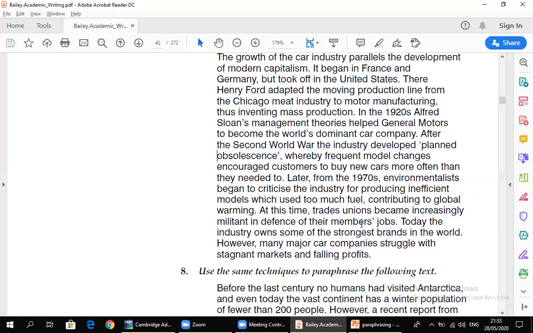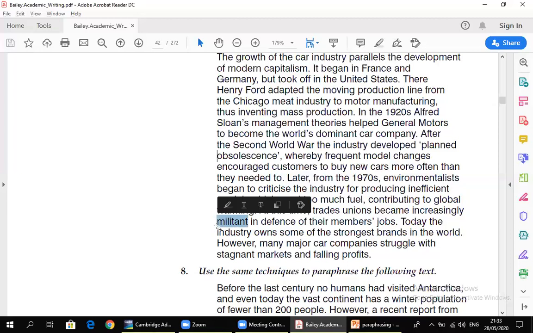Okay, perfect. At this time, trades unions became increasingly militant in defense of their members' jobs. What does militant mean?